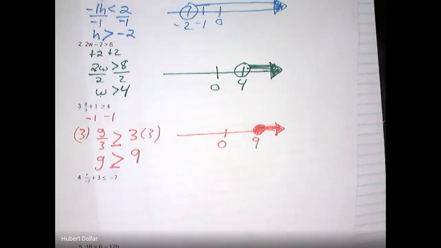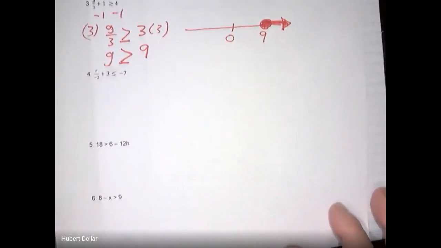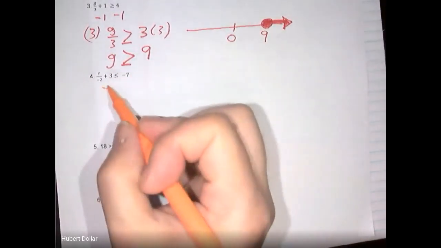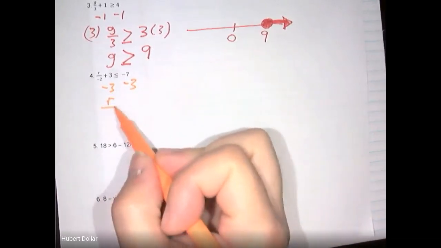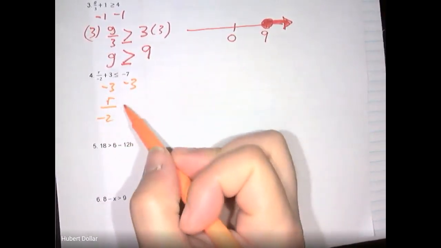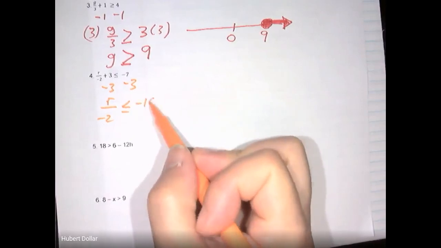Number 4, the opposite of adding 3 is to subtract 3 on both sides. So I have r over negative 2 is less than or equal to negative 10.